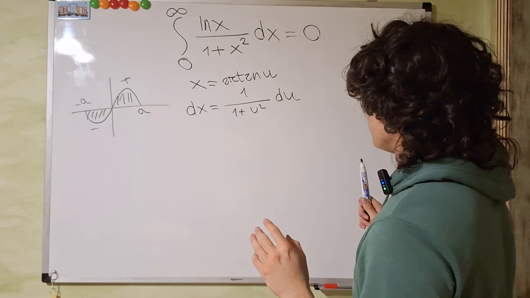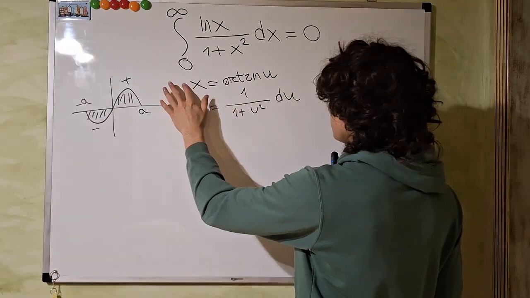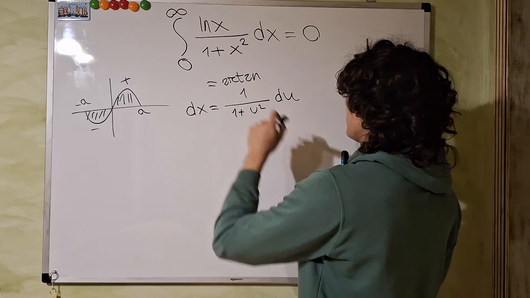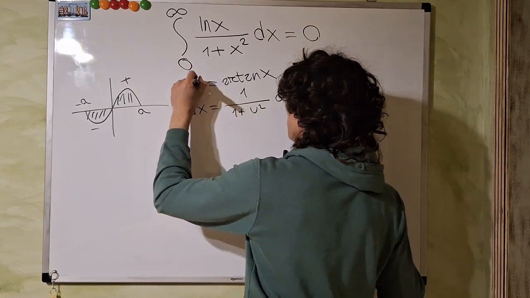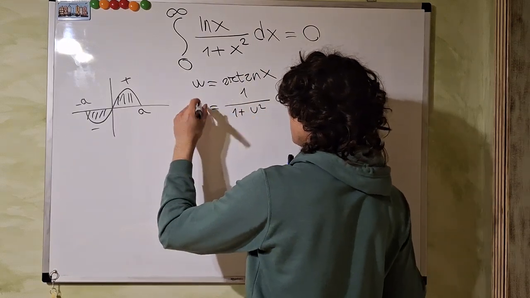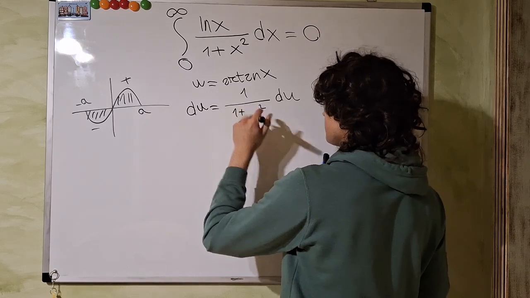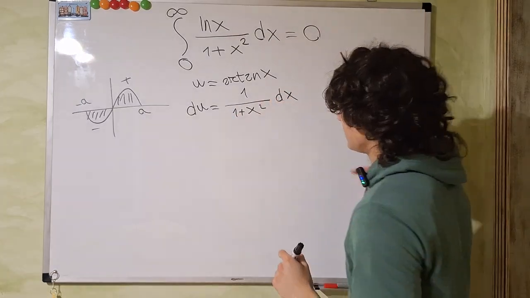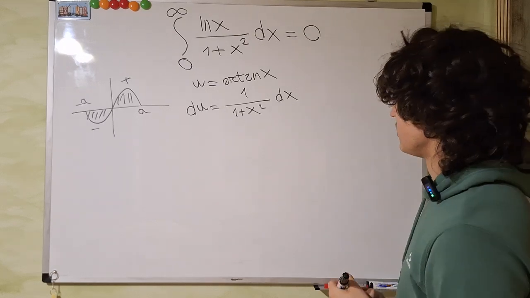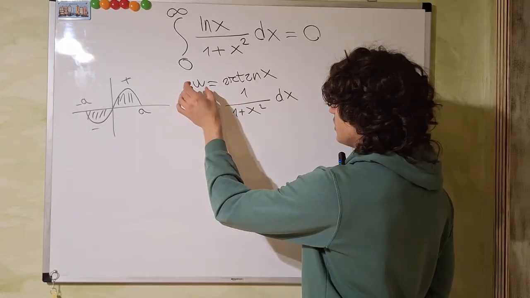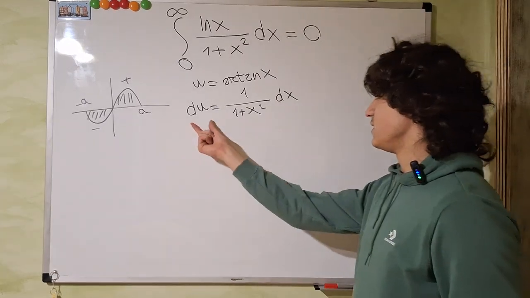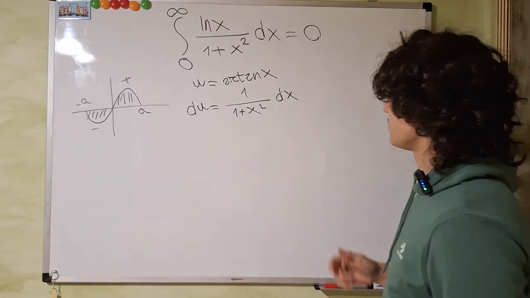Now, why have I written x and u in this way? Sorry guys, there should be an x here and there should be the u here. So sorry if I just confused the variables, but here is our equation. So we just let u be equal to the arctangent of x and du equals all of this.